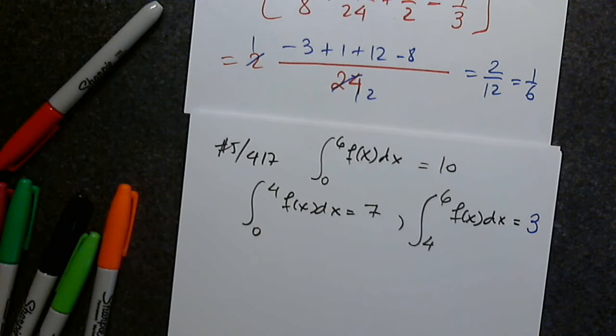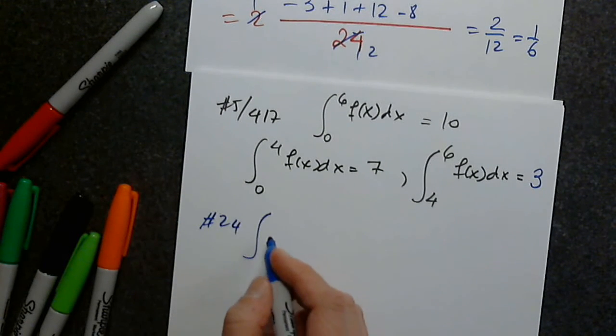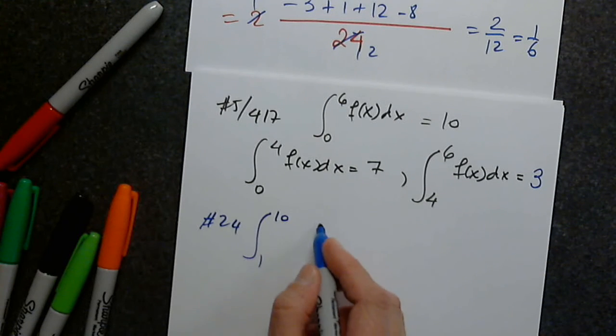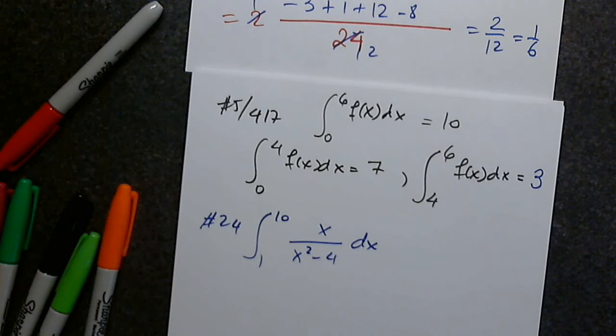What about 24? Same page. The integral from 1 to 10 of x over x squared minus 4 dx. Any suggestions?